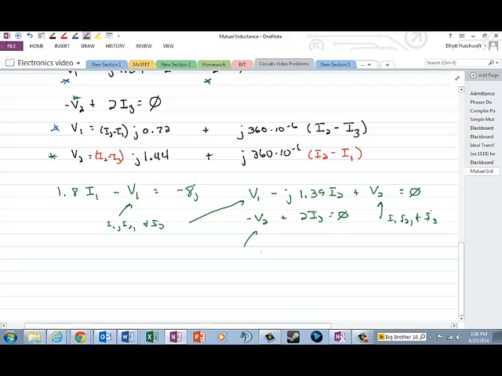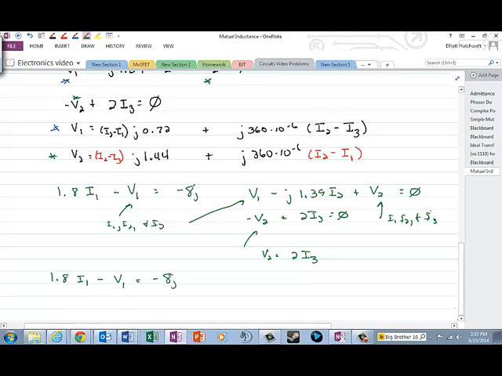One thing you should look at for sure: V2 is 2 I3. That allows me to write 1.8 I1 minus V1 equals minus 8J.